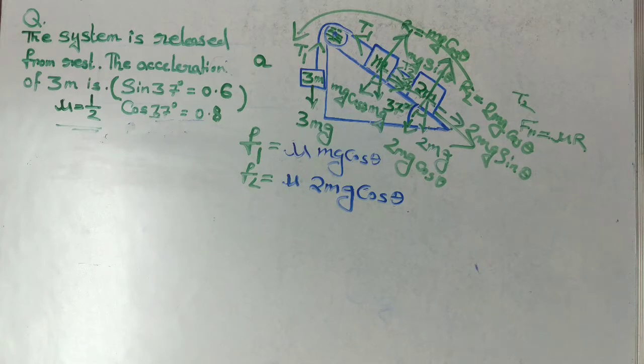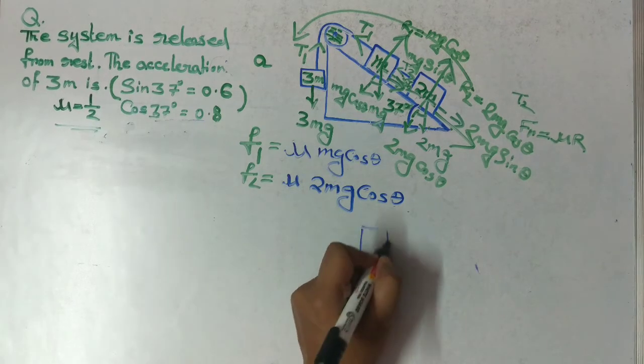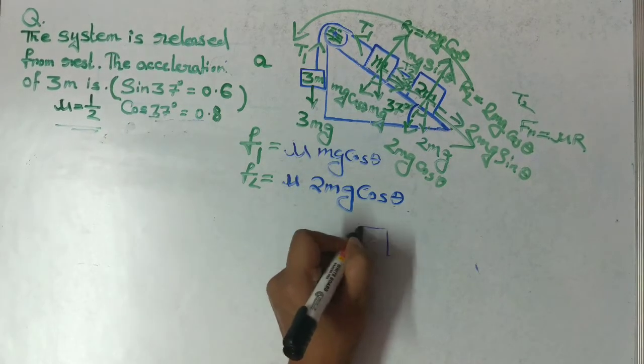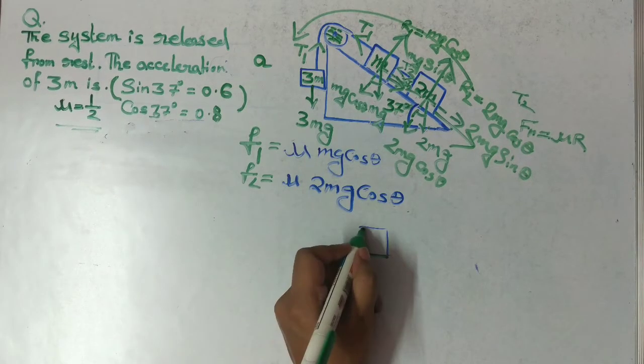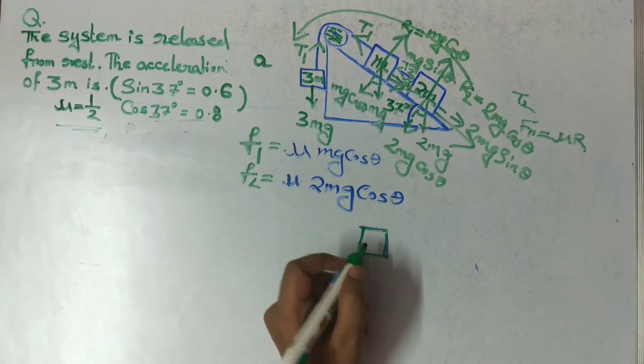You can skip this portion in the exam because you will have limited time, but as I am explaining this question, I will draw the free body diagram. This is nothing but a separate diagram showing how the forces are working on it.